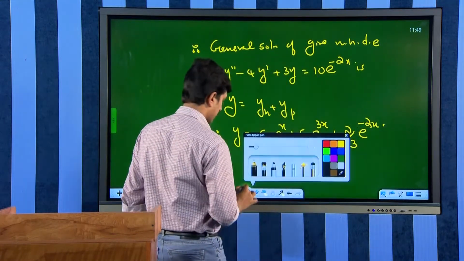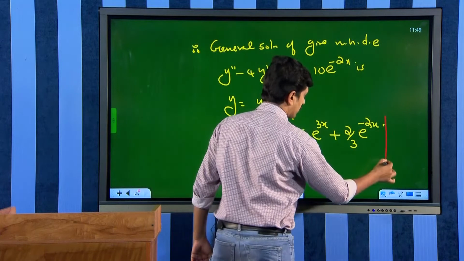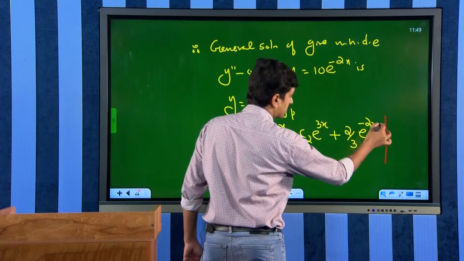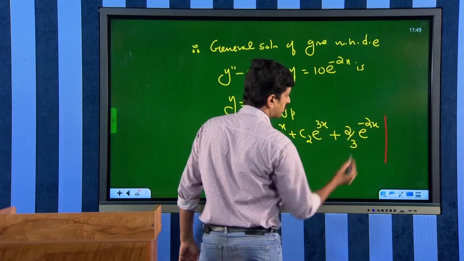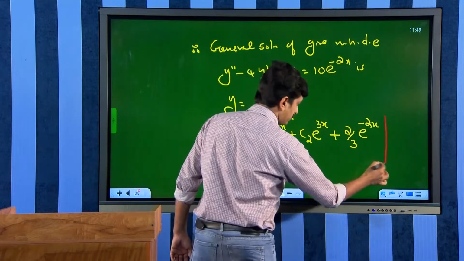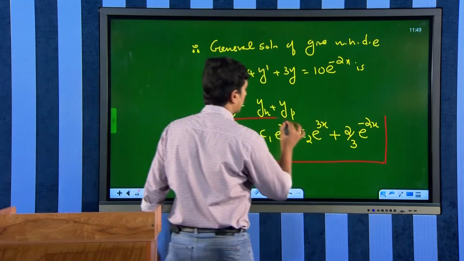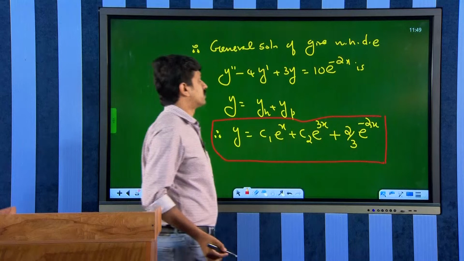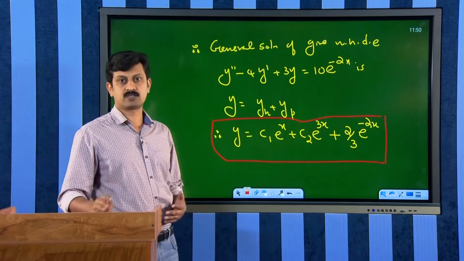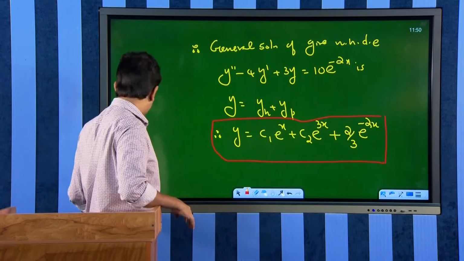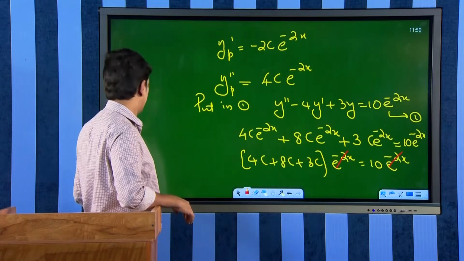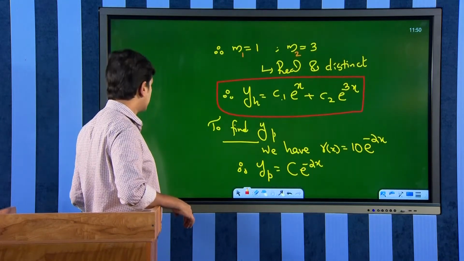So, this is actually the general solution of the given non-homogeneous differential equation. See, we found it by using the concept 1 of the table. This is the method of undetermined coefficients.